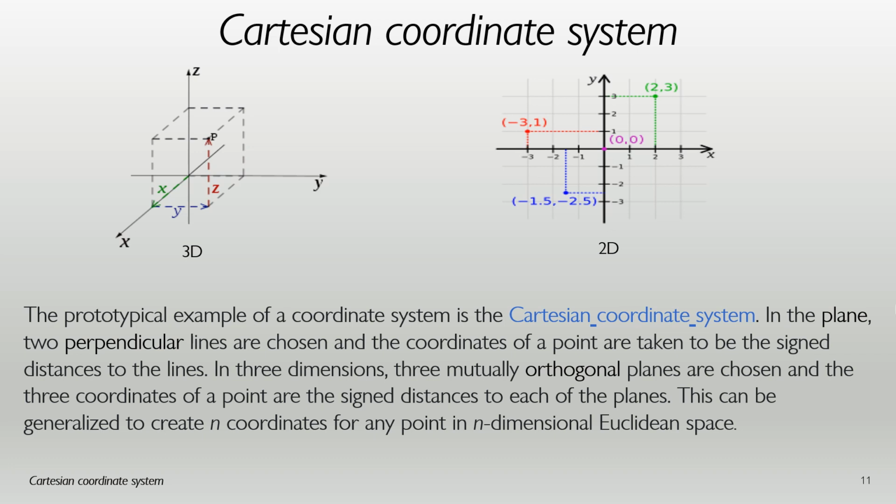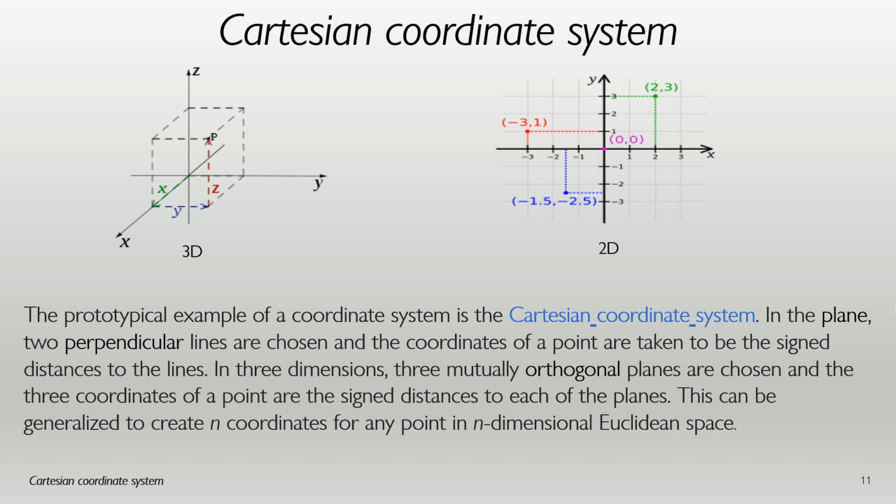In the plane, two perpendicular lines are chosen and the coordinates of a point are taken to be the assigned distance to the lines. In 3 dimensions, 3 mutually orthogonal planes are chosen and the 3 coordinates of a point are the assigned distance to each of the planes.